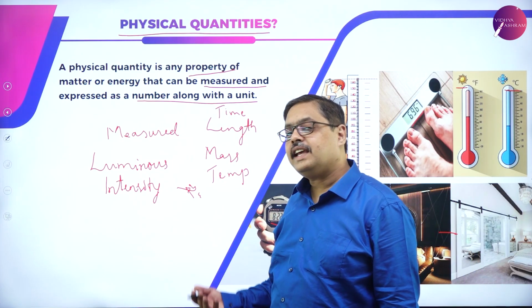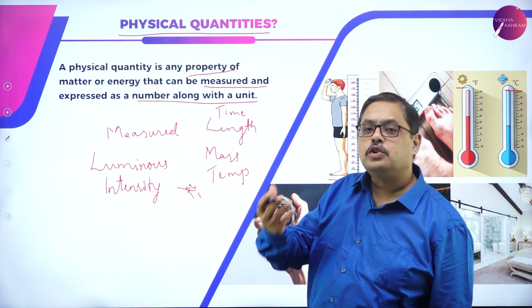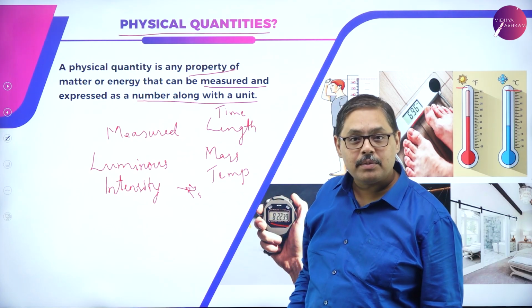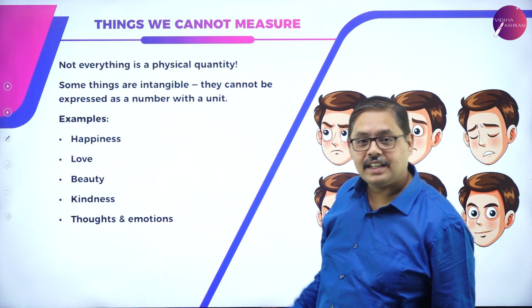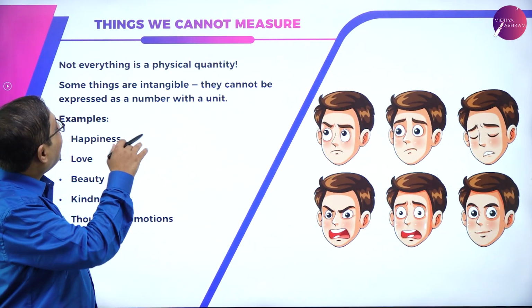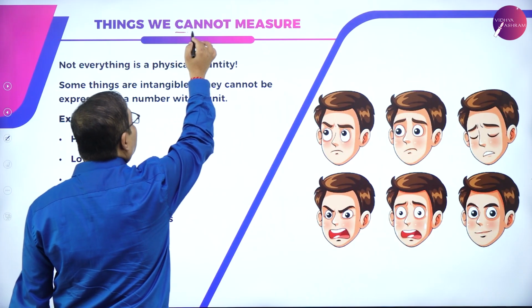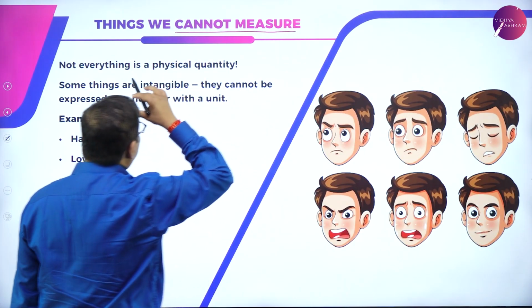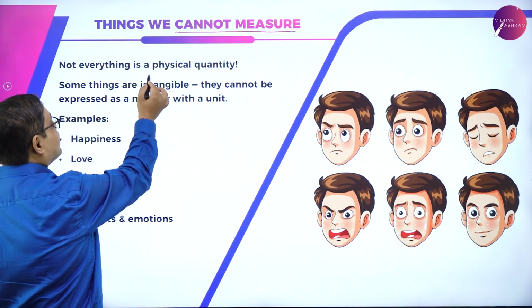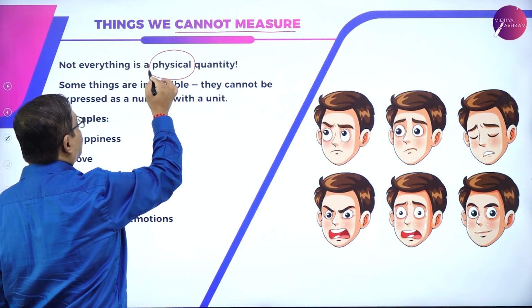Okay. Now when I say physical quantities are those which can be measured, are there some quantities which cannot be measured? Yes, obviously. That is why we call them physical quantities, and there are certain quantities which cannot be measured. What are those? Obviously, not all quantities are physical in nature. You cannot get hold of all the quantities.